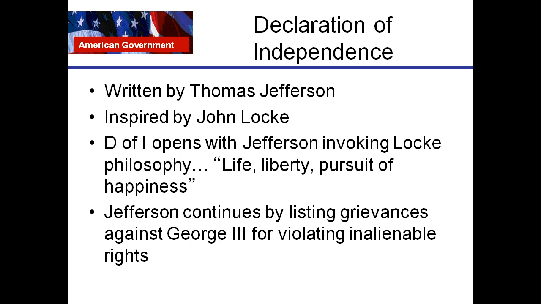And Jefferson then continues by listing grievances against George III for violating inalienable rights. And through that Declaration of Independence, the United States, which at this point is made up of 13 colonies, declares its independence.